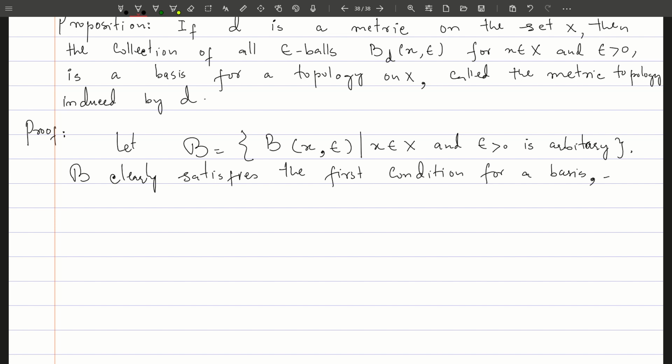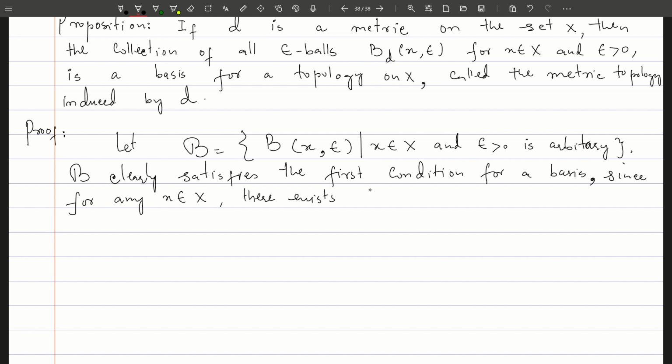The reason is that for any x in X, since this is the collection of all balls centered at each point in X with any arbitrary radius, there exists a basis element.